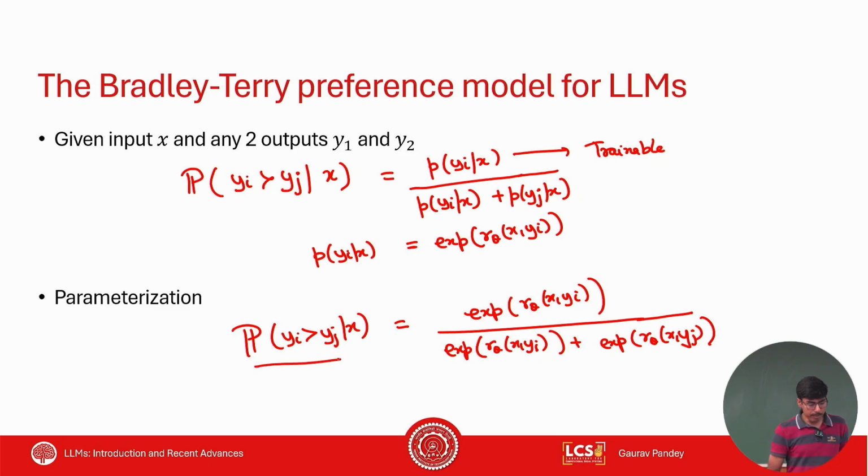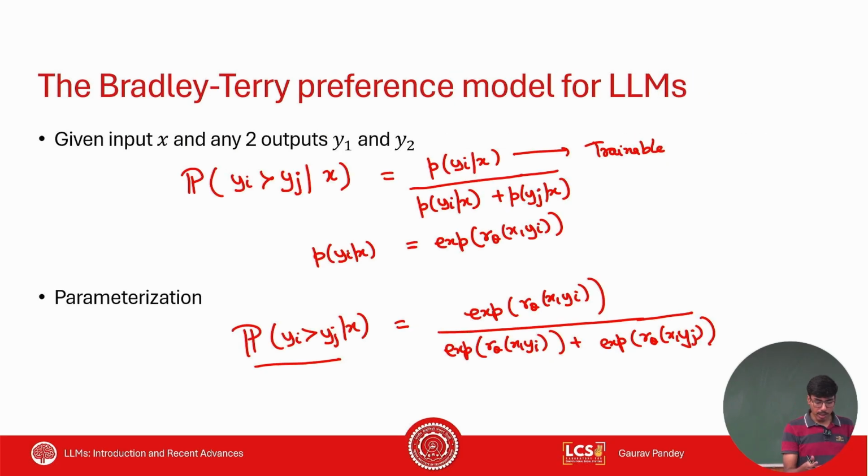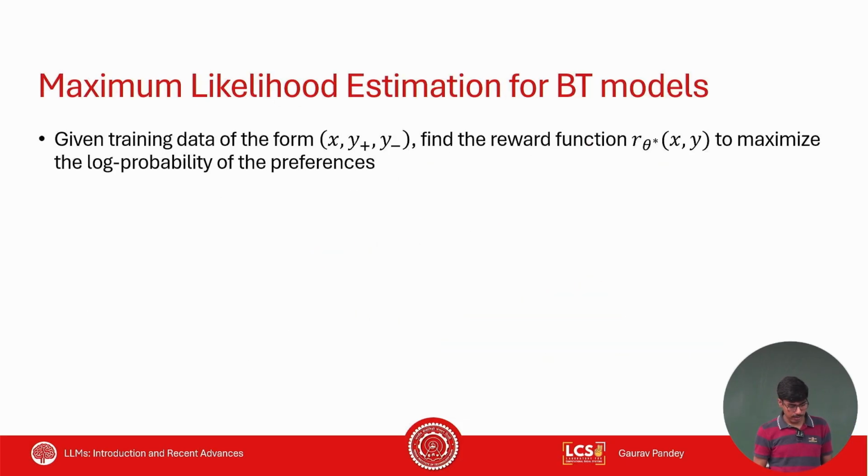So if you're given preferences, you can parameterize your preference model using an LLM and then train the preference model, basically get the parameters to maximize the likelihood of observing whatever data there is. So we'll talk about how to do maximum likelihood estimation in the case of a preference model.